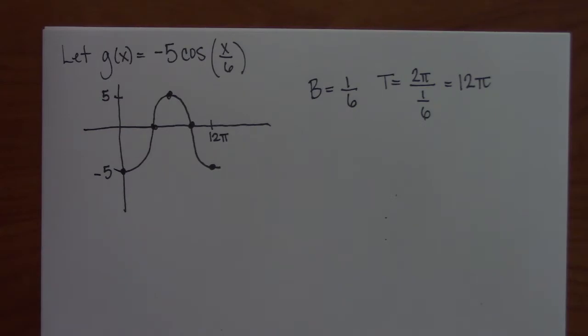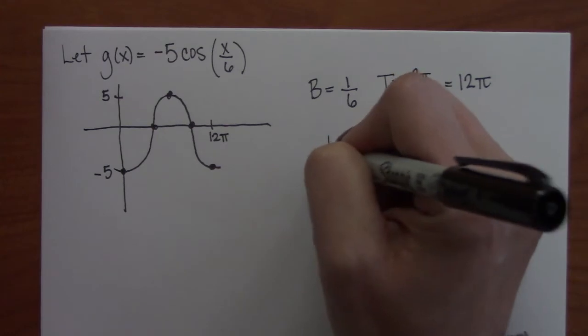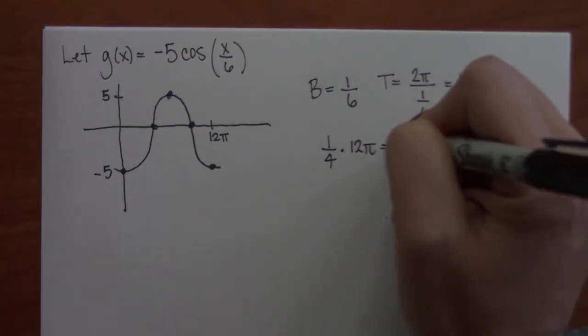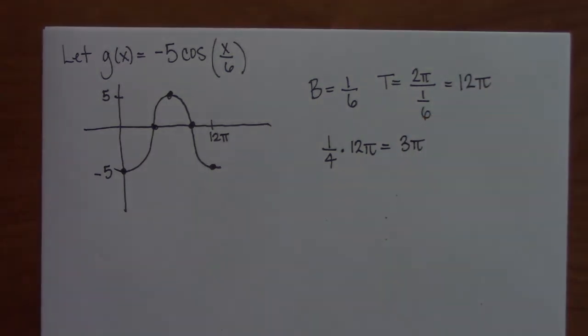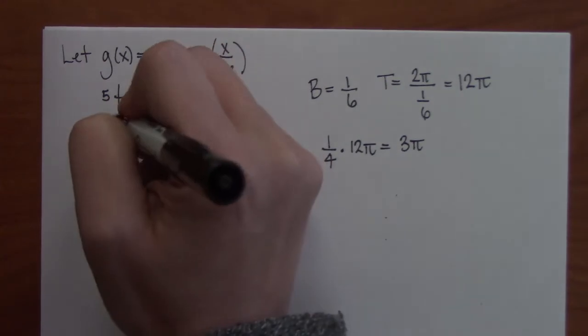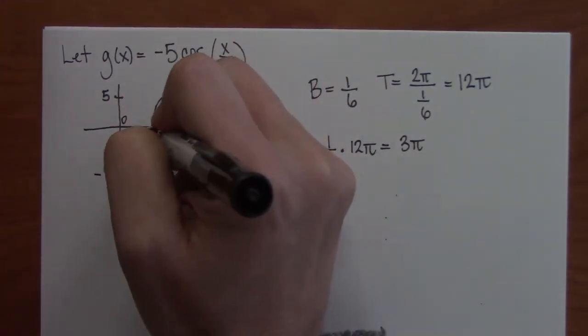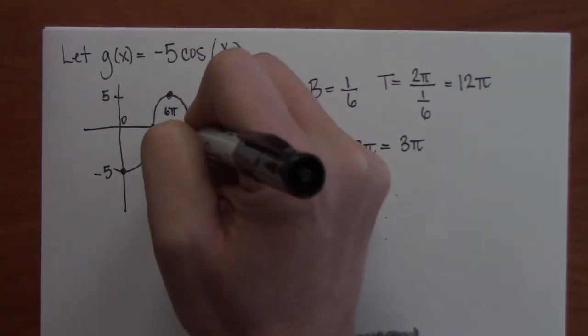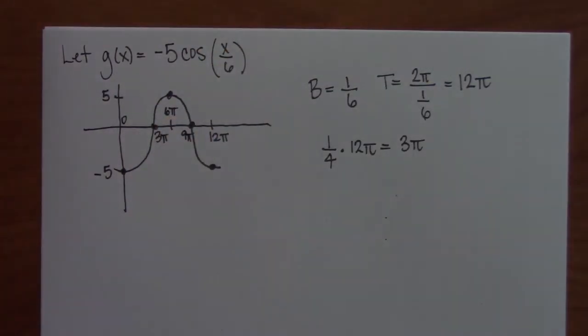If I want to chop this into fourths, this actually works out quite nicely for us. 1/4 times 12 pi is just 3 pi. So this means every fourth of this wave, 3 pi has gone by. So there's 0, there's 3 pi, there's 6 pi, there's 9 pi, and then we end up at 12 pi, just like we wanted. 3, 6, 9, 12, right?